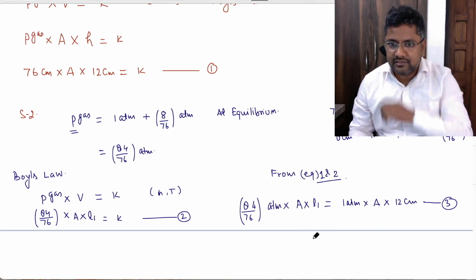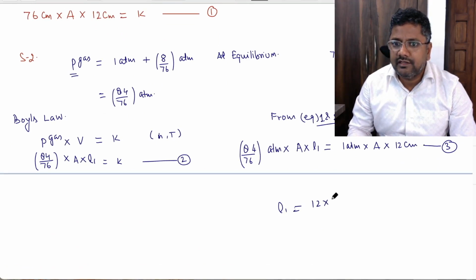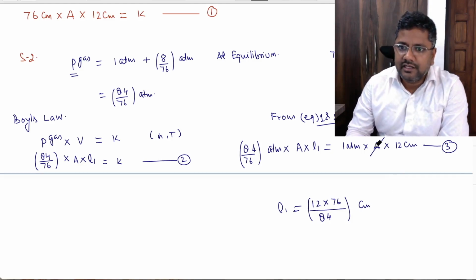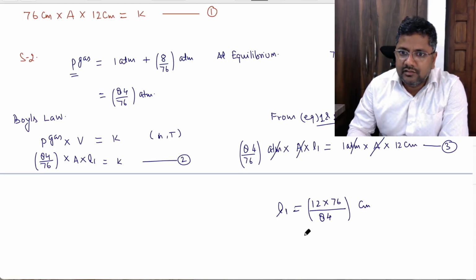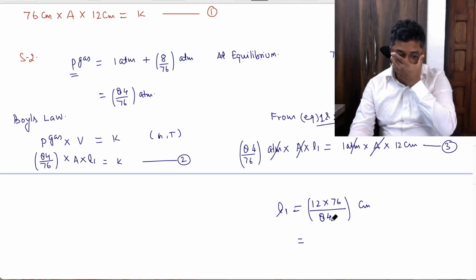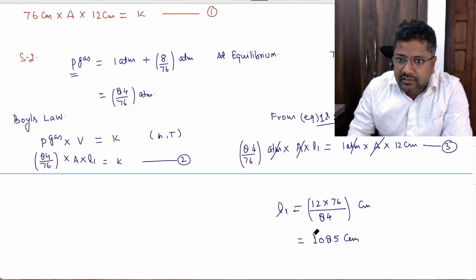Now you can calculate L1 is equal to 12 into 76 divided by 84, and the unit of this is centimeter, right? See, A cancel, ATM cancel, so L1, you have to calculate, it will come 10.85 centimeter.